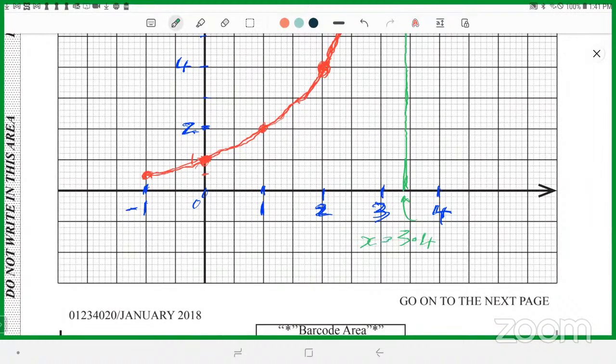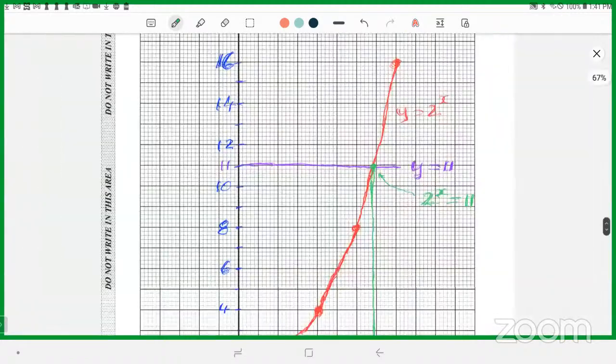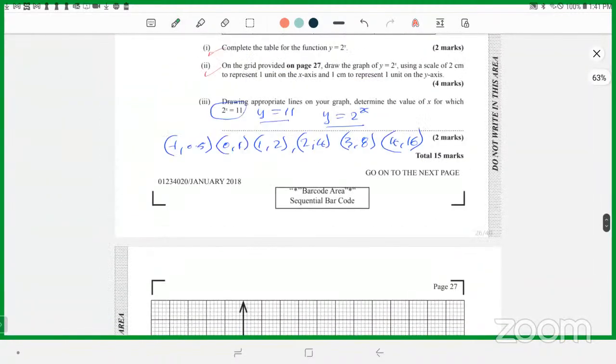X equals 3.4 right there. So we are saying the answer is 3.4. So based on that sketch, the answer is x equals 3.4.